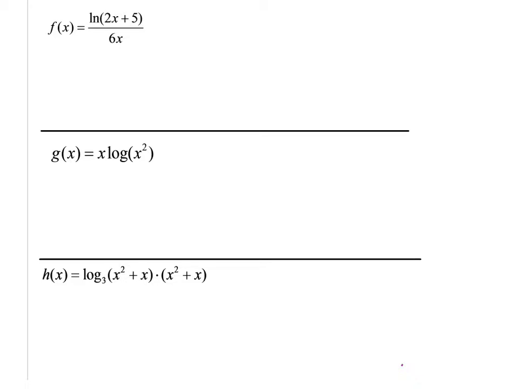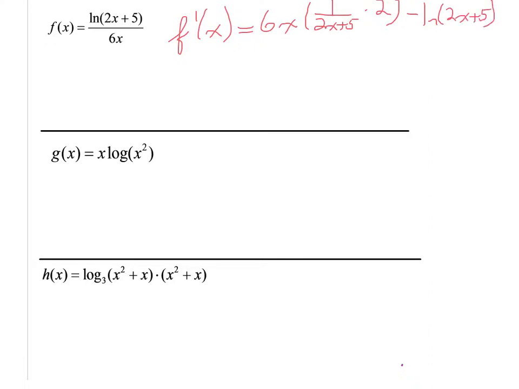I know a lot of you prefer the quotient rule, so I will go ahead and do the quotient rule on this, which would be the bottom times the derivative of the top, and that's the derivative of the natural log part, times the derivative of what's inside the natural log, then minus the top, natural log of 2x plus 5, times the derivative of the bottom, which is 6, all over our bottom squared.